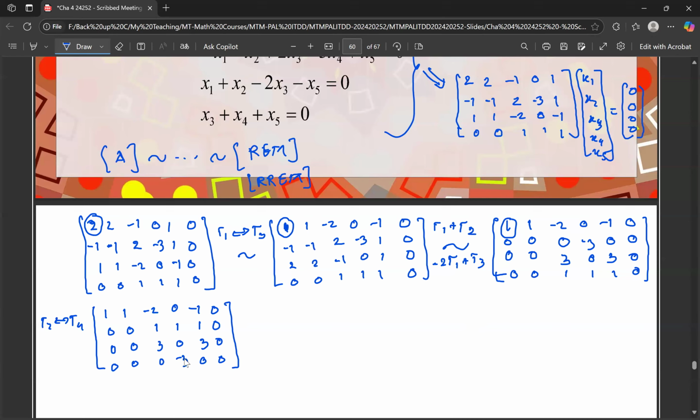This is the leading one, and we want to make the 3 zero here.